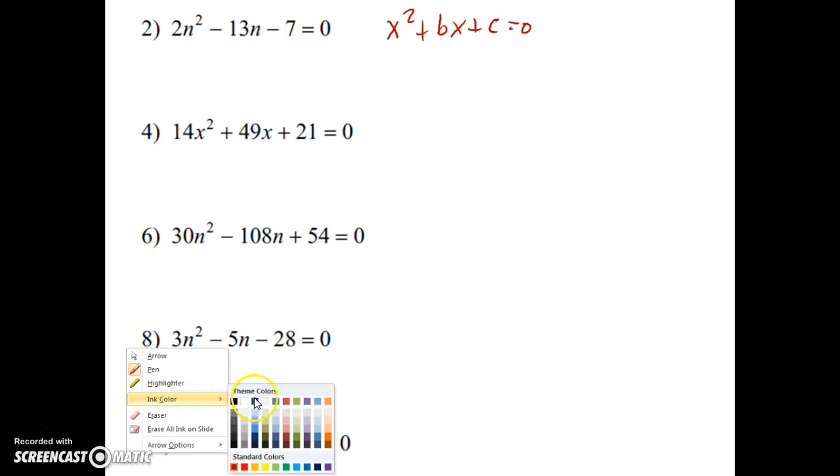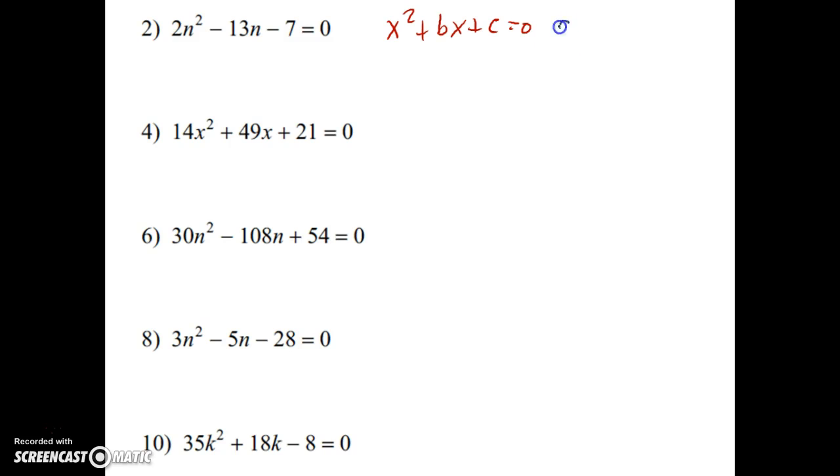Now we're going to have ax squared plus bx plus c equal to 0. You'll see that the coefficient here is now a number. Before there wasn't one because it was 1. Now there is one, and you'll see that in our example problems.